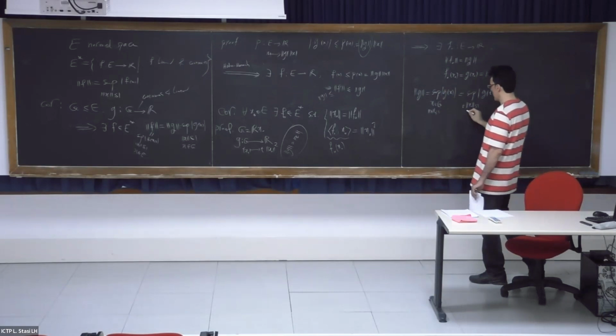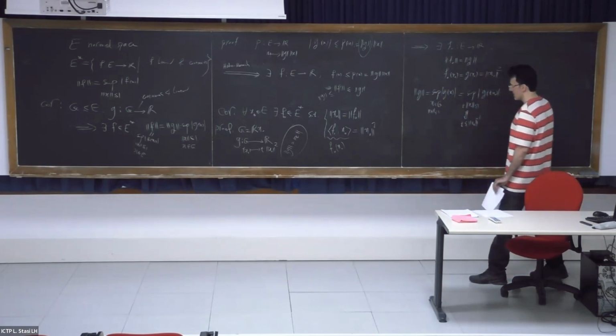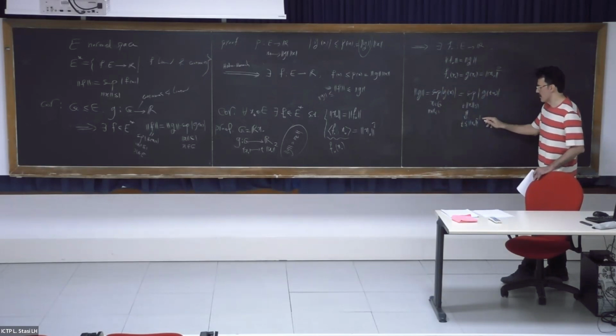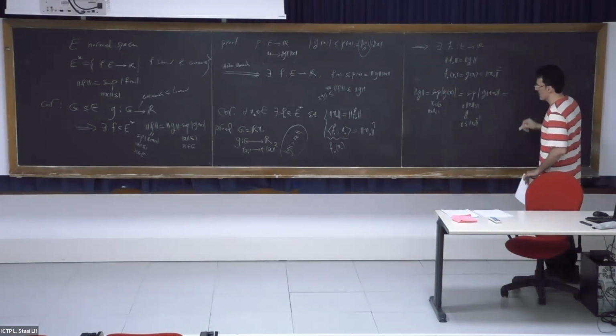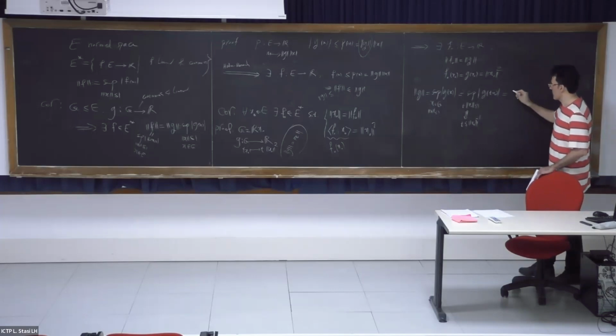And so this is like writing x0 with the norm of x0 to the -1, and so we have this one.